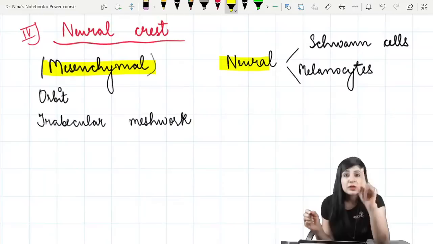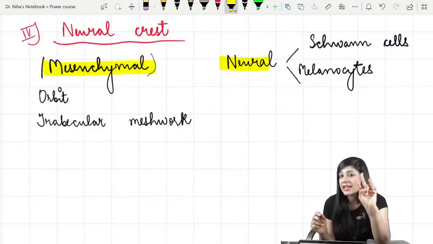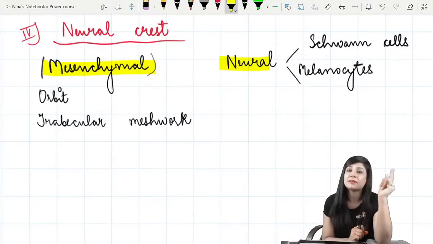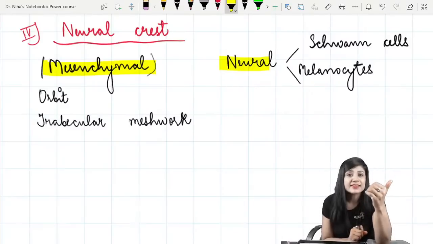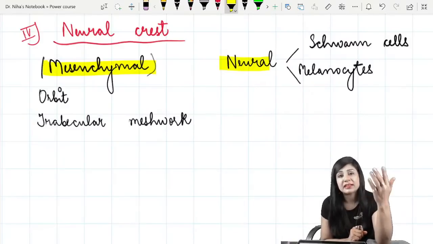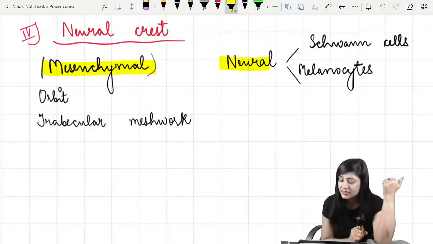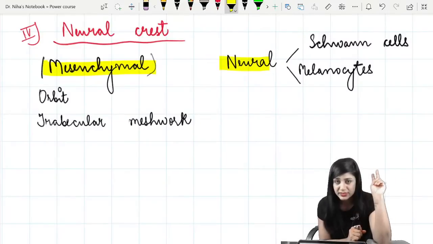Now the neural part is responsible for two cells, the Schwann cells and the melanocytes. Schwann cells are responsible for the myelination of the peripheral nervous system, and then second is the melanocytes.